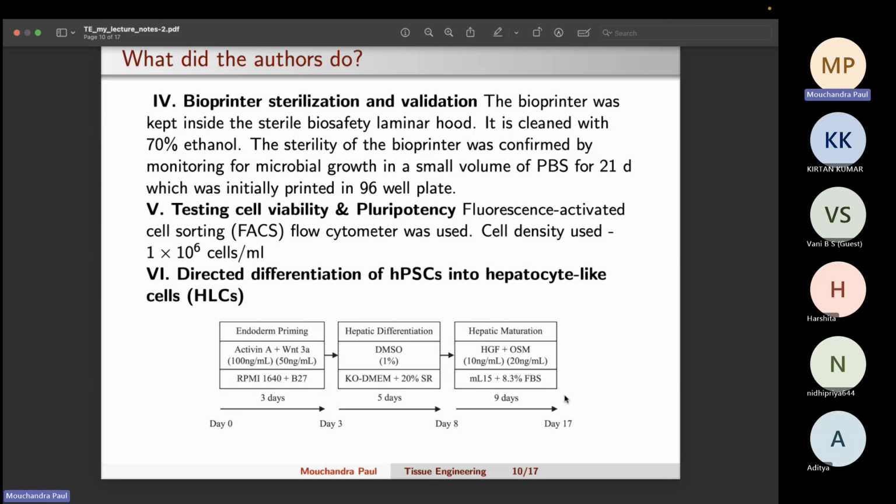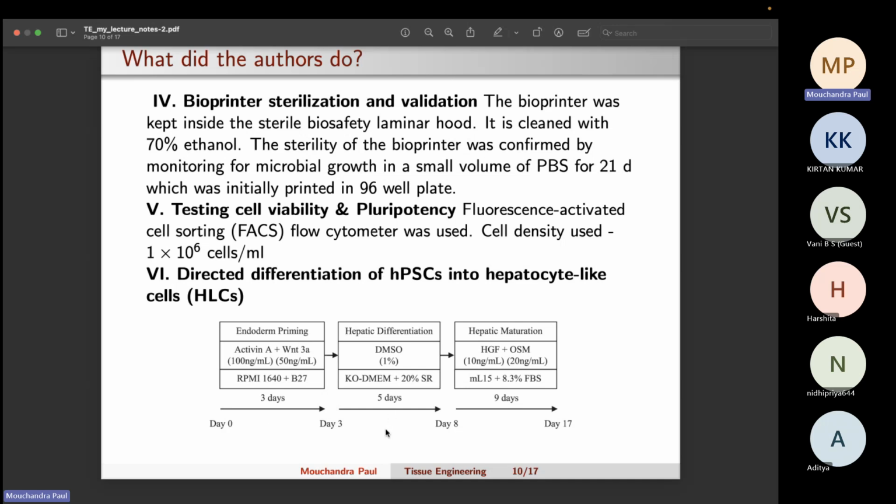They have optimized this protocol for embryonic stem cells because they say that when this protocol is used for induced pluripotent stem cells, they are not getting very good cell quality. Cells are not getting completely mature into hepatocytes and not giving hepatocyte characteristics. So this protocol is done for embryonic stem cells.